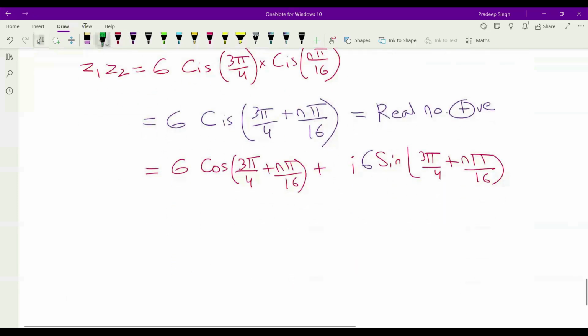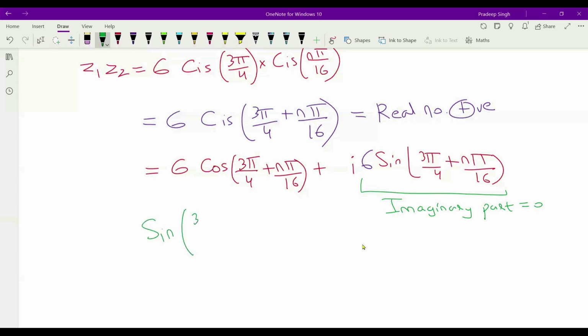Now let me carefully tell you that this entire part in front of the i is your imaginary part. For the complex number to be real, the imaginary part needs to be equal to 0. So let us write: sine of 3 pi by 4 plus n pi by 16 will be equal to 0.